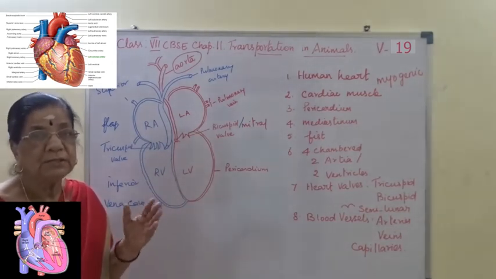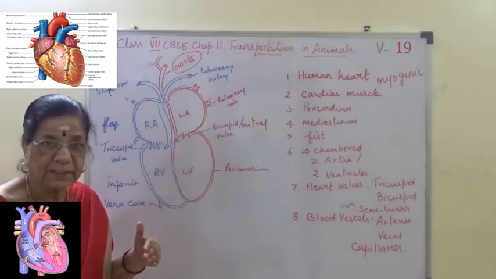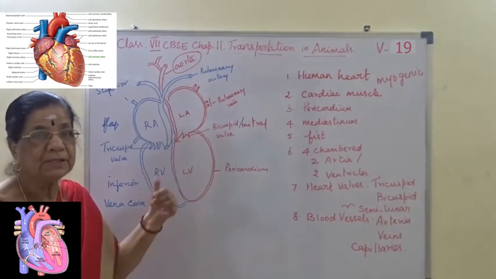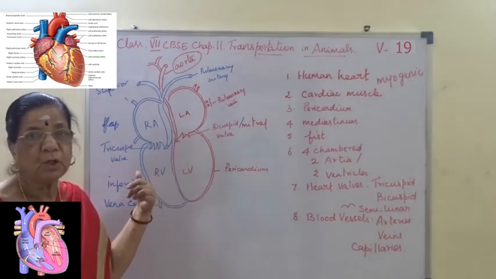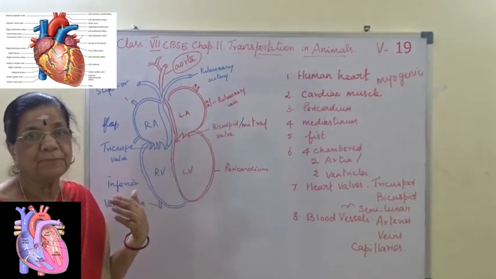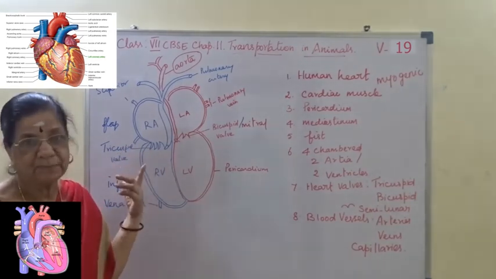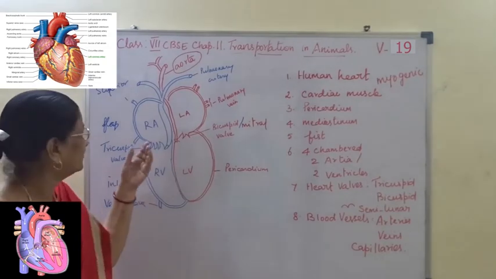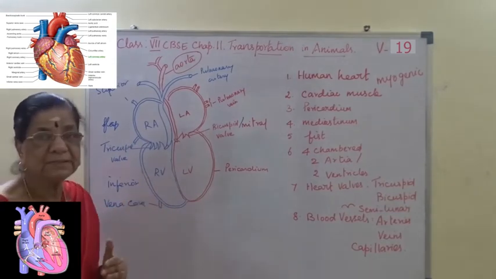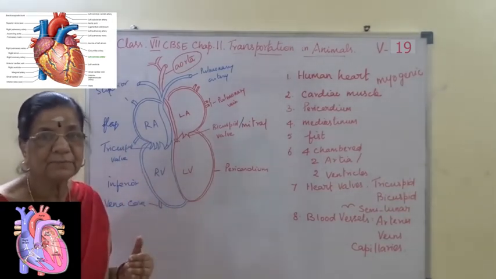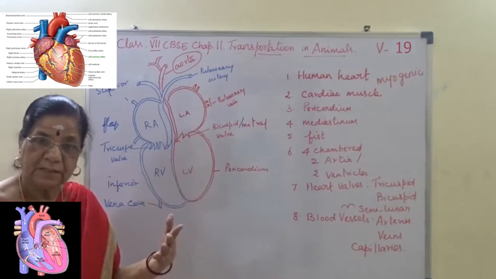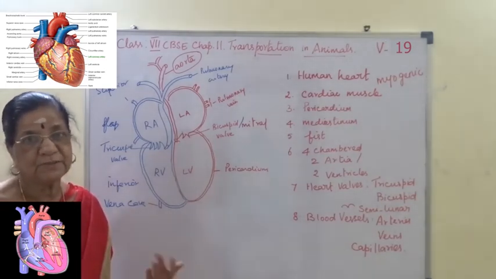Okay. So now the oxygenated blood is supplied from the heart to various parts of the body, whereas impure blood or deoxygenated blood is collecting from various parts of the body and reaching the right atrium.